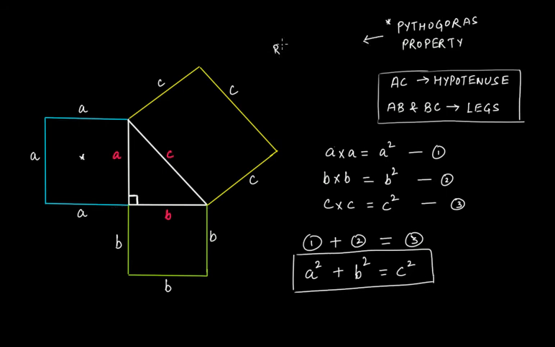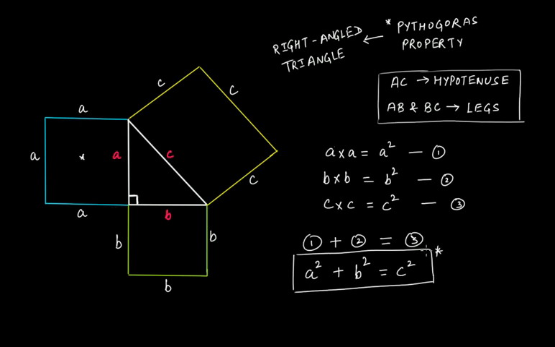It's only applicable to a right angled triangle, because hypotenuse can only exist in a right angled triangle. So for any right angled triangle, this Pythagoras property will always hold true.